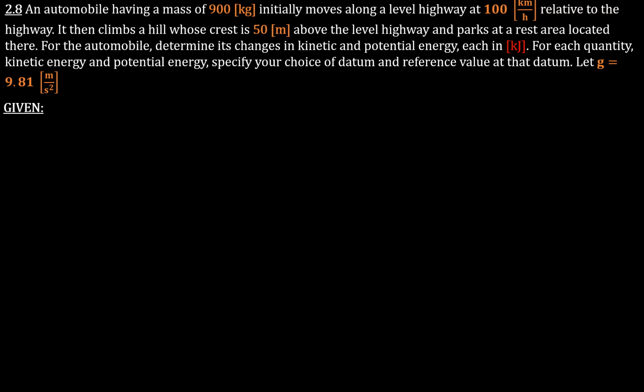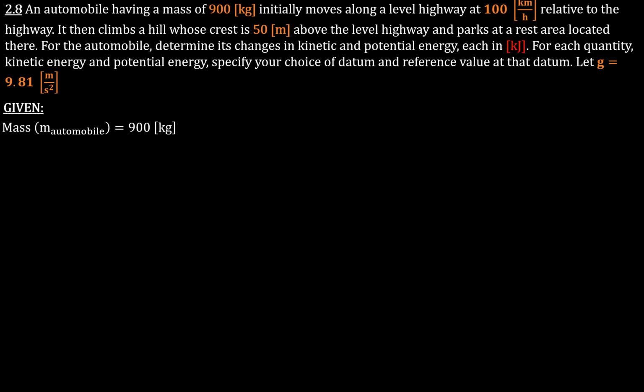For the automobile, determine its change in kinetic and potential energy, each in kilojoules. Specify your choice of datum and reference value at that datum, and let g, gravity, be 9.81 meters per second squared.